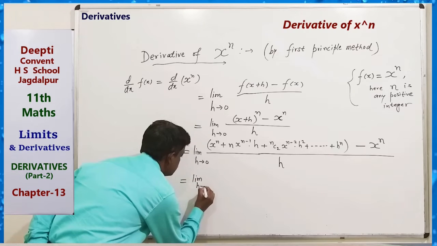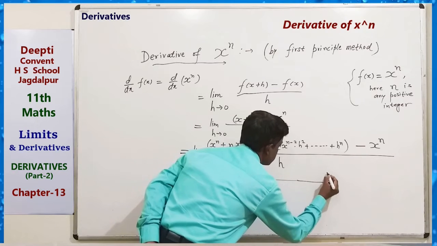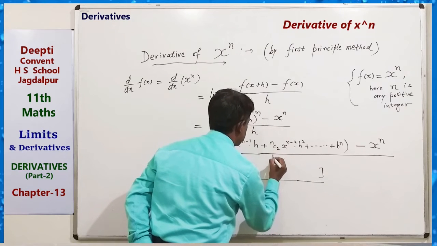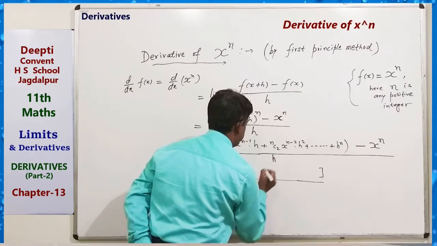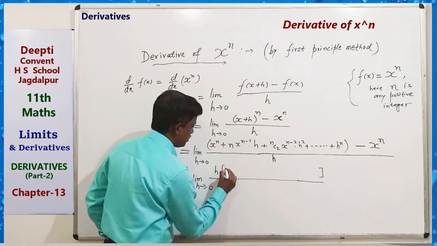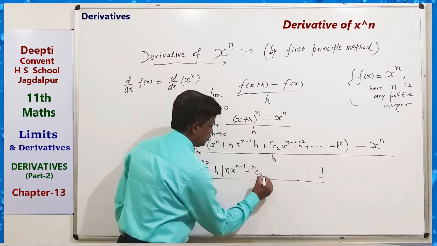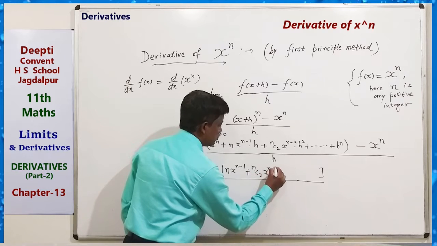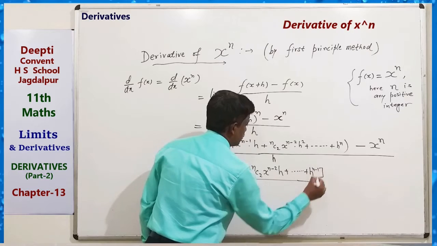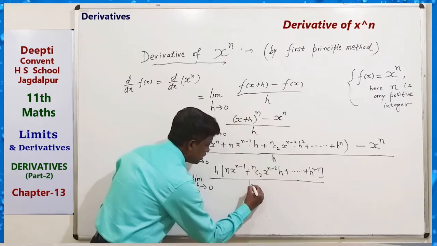Limit h tending to 0, taking h common in the numerator: n x to the power n minus 1 plus nC2 x to the power n minus 2 h plus and so on up to h to the power n minus 1, and the denominator is h.